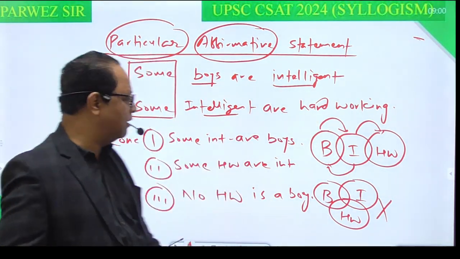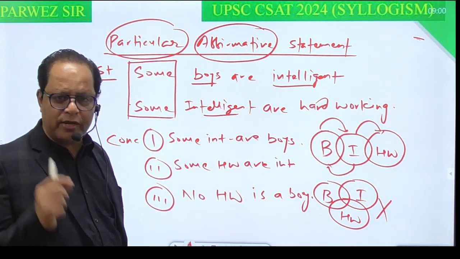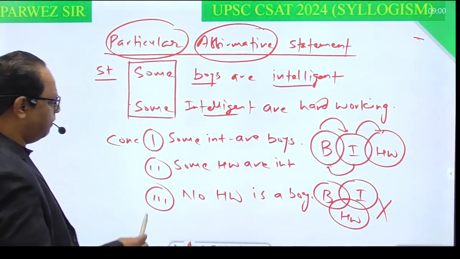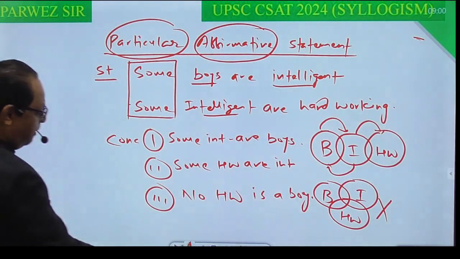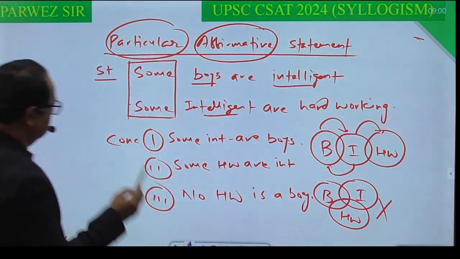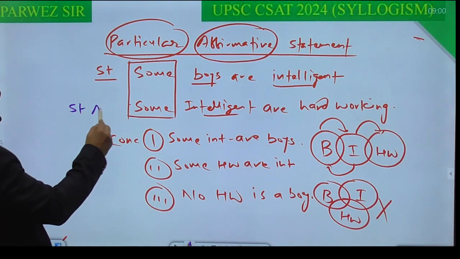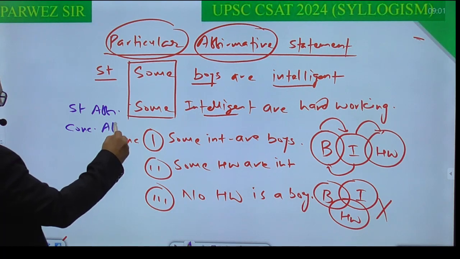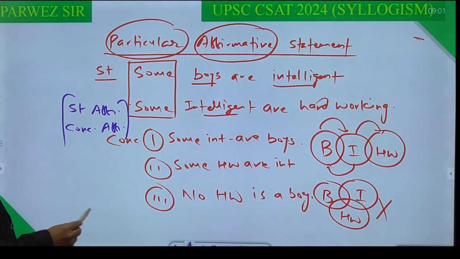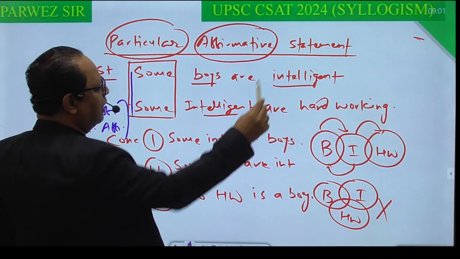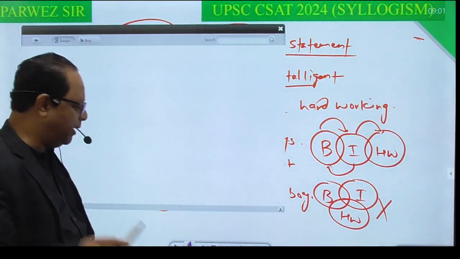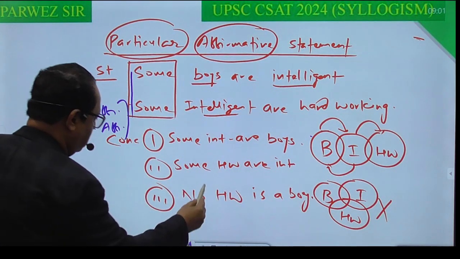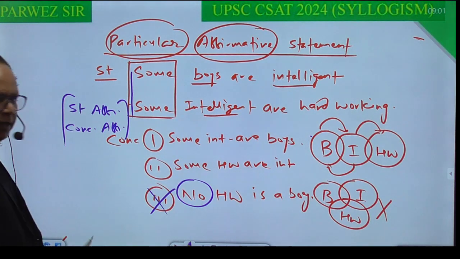But remember, I'm telling you a clue for these questions so that you can make your answer comfortably. Make sure when statements are affirmative, the conclusion must be affirmative. Here both sentences are affirmative, so there is no place for negative, so the third option will be wrong.